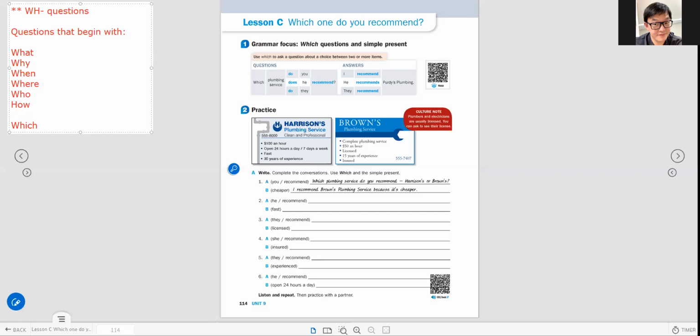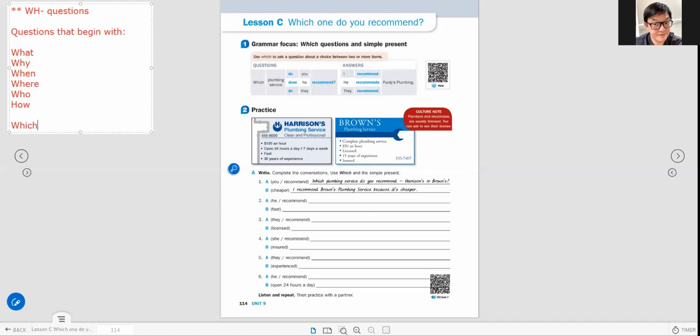But which, when do you use which? You use which when you're asking about a choice between two or more things. When you have an option, when you have a choice, you use which. For example, I have two ice creams, a strawberry and a chocolate ice cream.